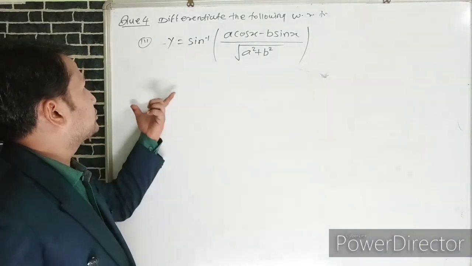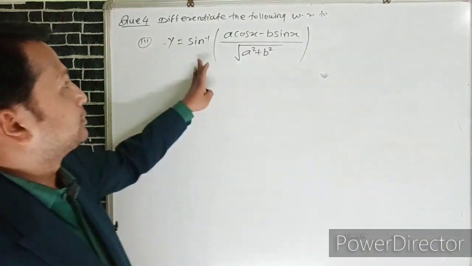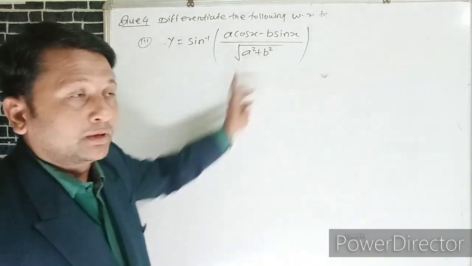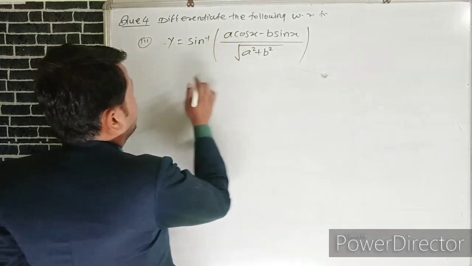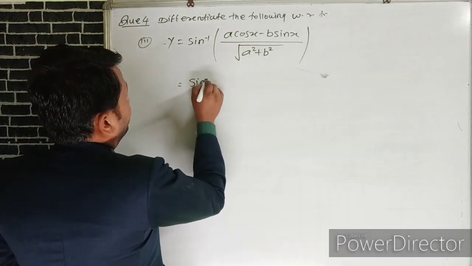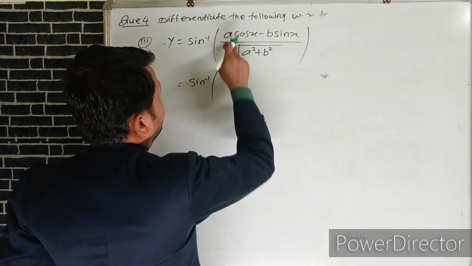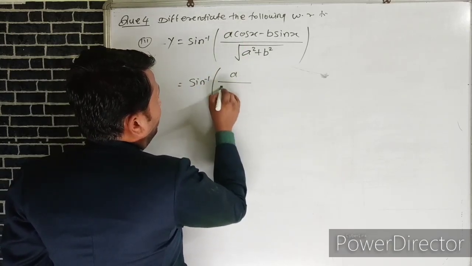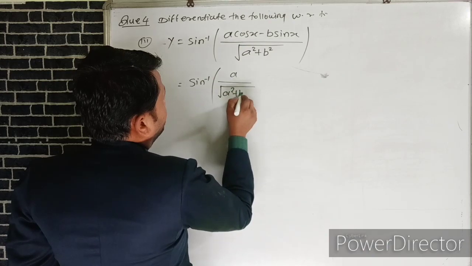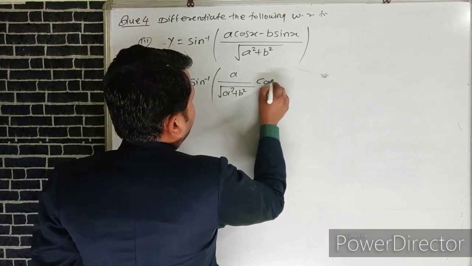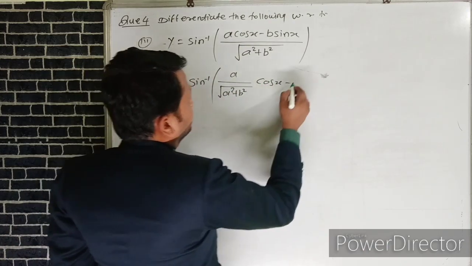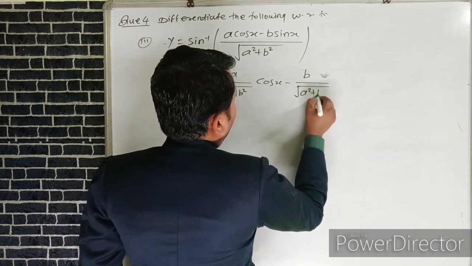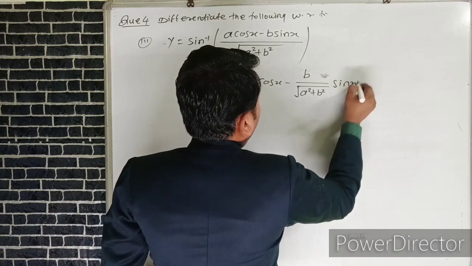Similarly, we can solve this example number 3. y is equal to sin inverse of a cos x minus b sin x upon under root of a square plus b square. First we simplify the given bracket, which we write in separate form: a upon under root of a square plus b square into cos x minus b upon under root of a square plus b square into sin x.